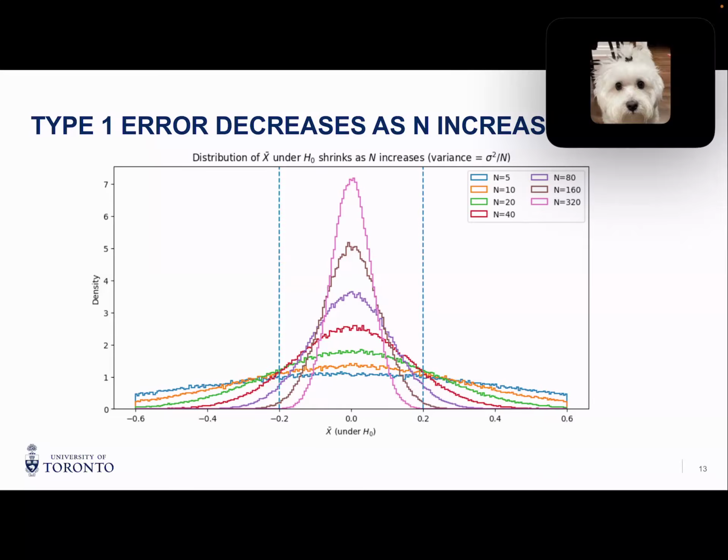And so for fixed significance, for fixed values of Z alpha, that bad boy is going to squeeze in, and our type 1 error is going to decrease. Our odds of rejecting the null hypothesis when it is true, of falsely rejecting the null hypothesis, will get smaller and smaller.